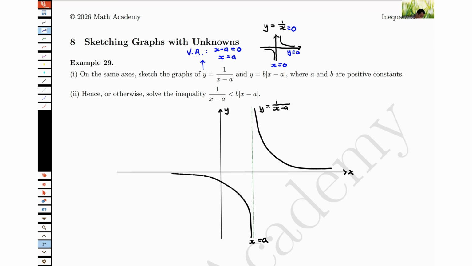The other graph of interest is this modulus graph. Remember, a modulus graph will have a vertex. Basically, the shape is a V shape, and this point is called a vertex. How do we find a vertex? You set the mod part to be 0, which means in this case we have x minus a equals 0, so x is a.